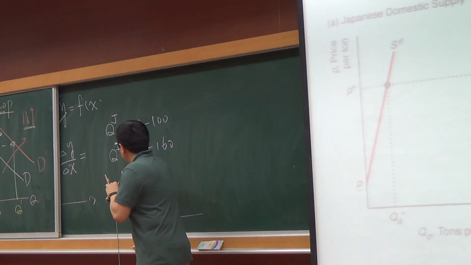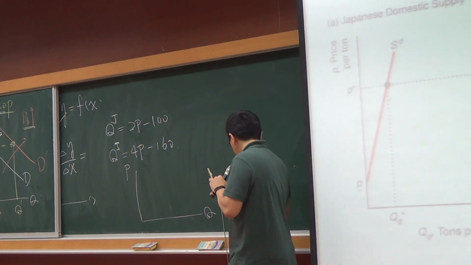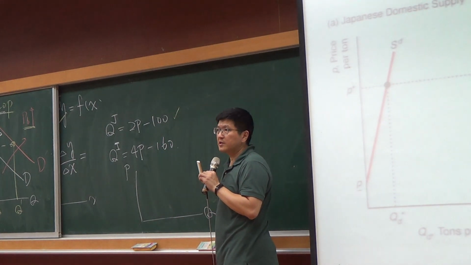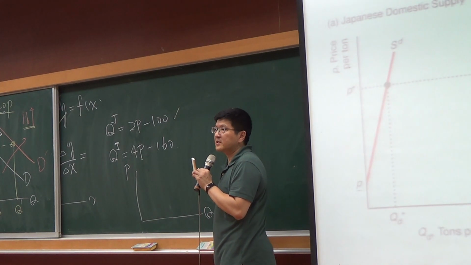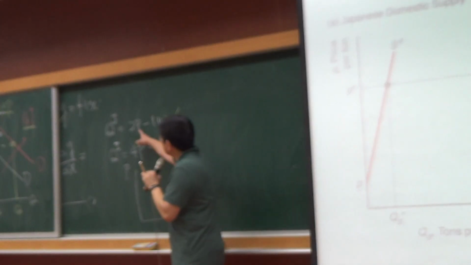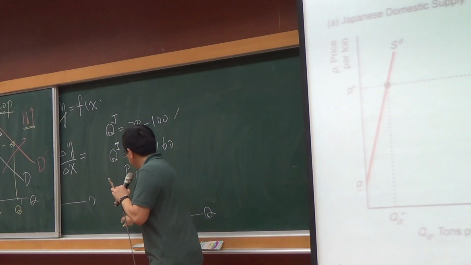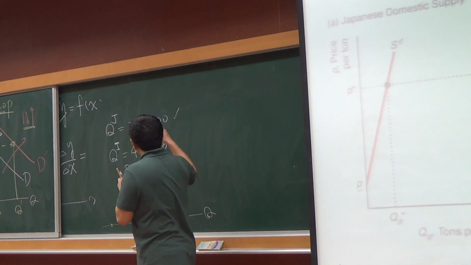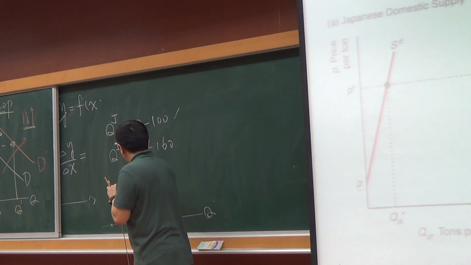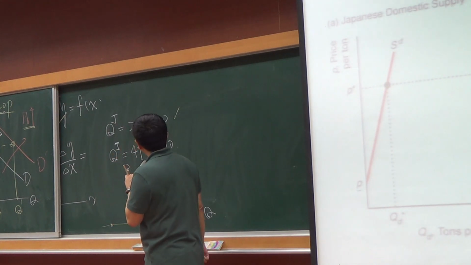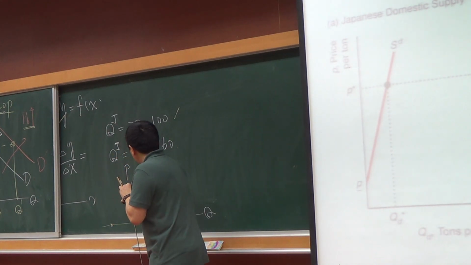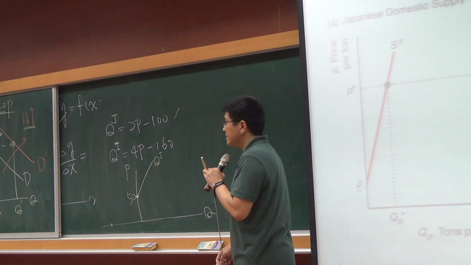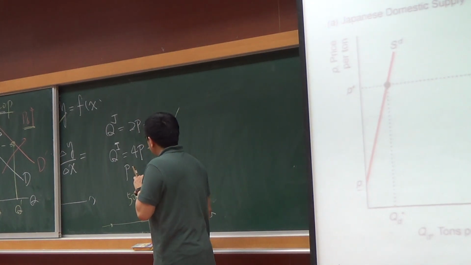So this is the price, this is the quantity. For the first equation, how can we draw the relationship? For the domestic supply, when P equals 0, Q equals negative 100, right? And the slope is 2. So when P equals 50, Q would be 0, and the slope is 2. So this is QJ, the domestic supply.